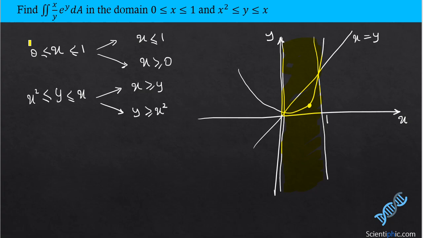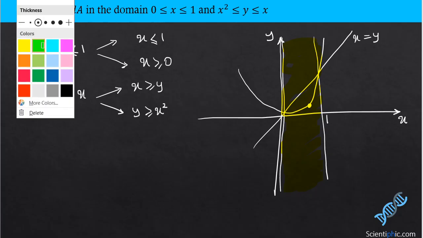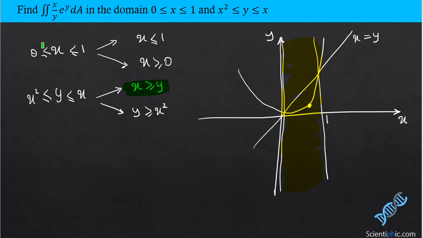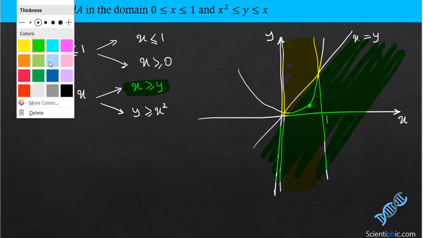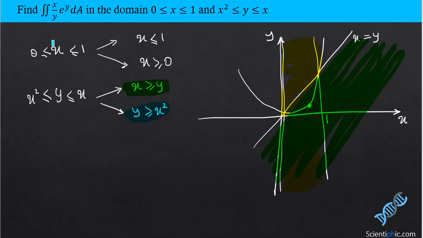Now let's have a look at the second set of inequalities. First, we look at x is greater than y. So x greater than y means that we are looking at this region. And we said the reason why. Now let's have a look at the second one. Y is greater than x squared.